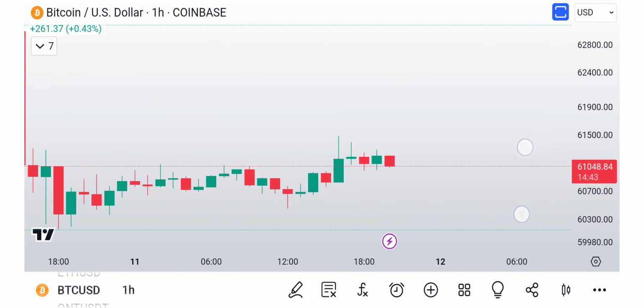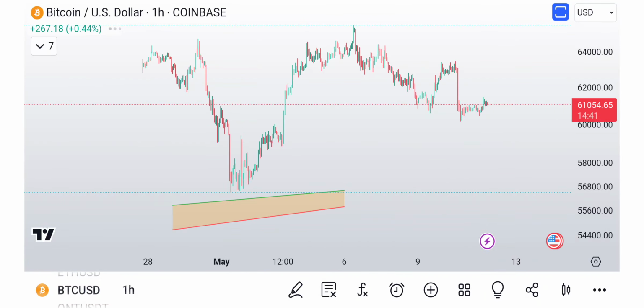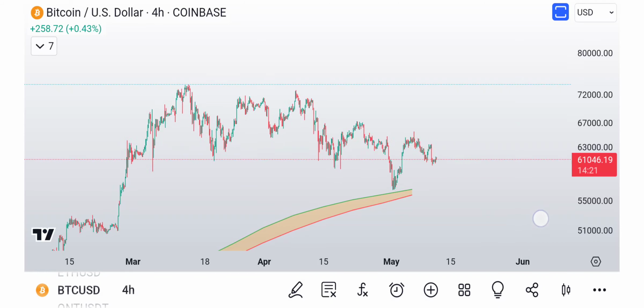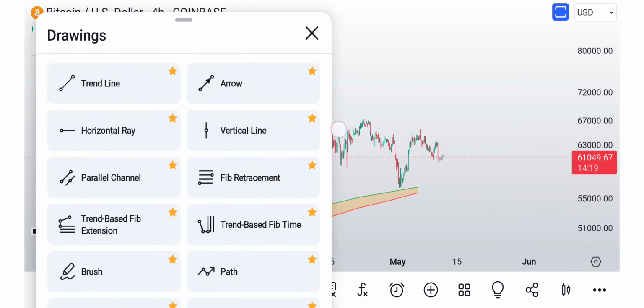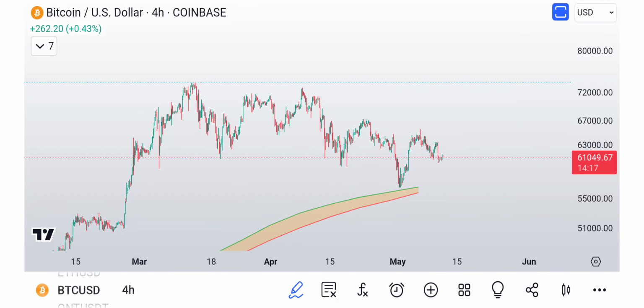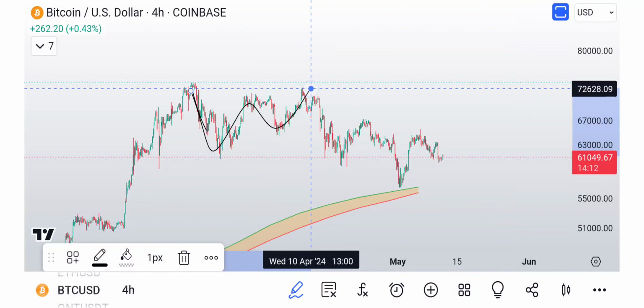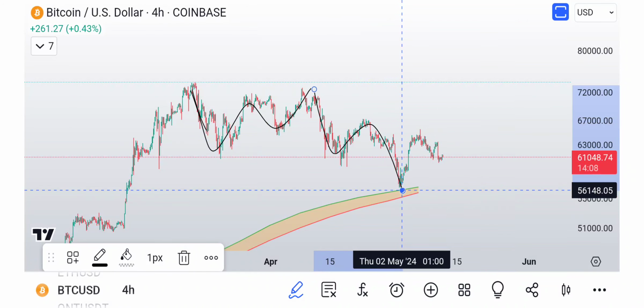Let me zoom in a little bit here. So when you look at it, this whole correction, we do have a completed almost, right, A, B, C. So A, we come up for B, and then we come down for C, or actually a WXY.